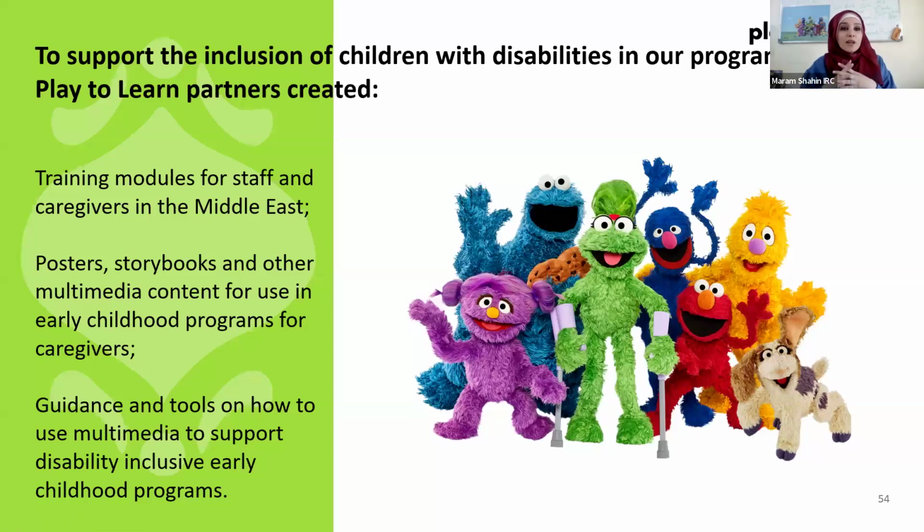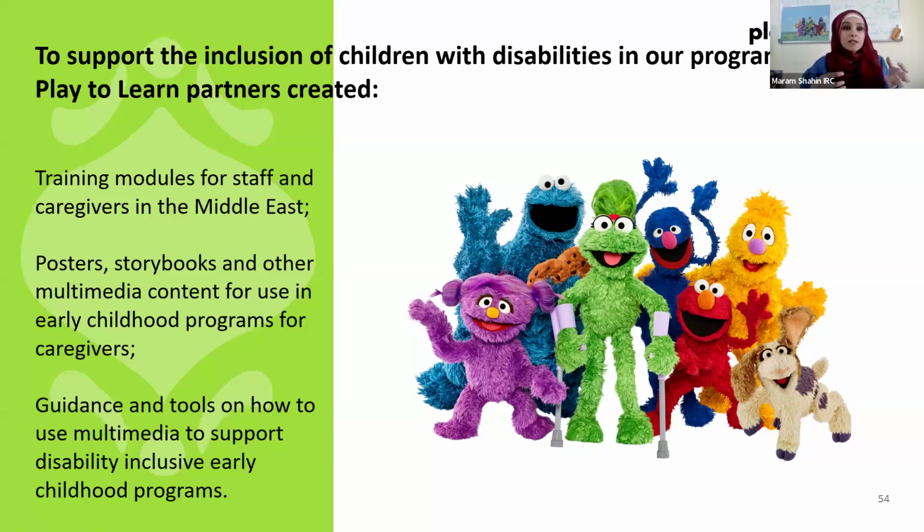Okay, thank you. So for this, we have been prioritizing developing content that is inclusive, meaning it addresses the needs of children with disabilities. It represents the needs of children with disabilities, and works to provide them with play and learning opportunities similar to other children. To do this, we need to work on the capacities of the service providers across the different sectors.